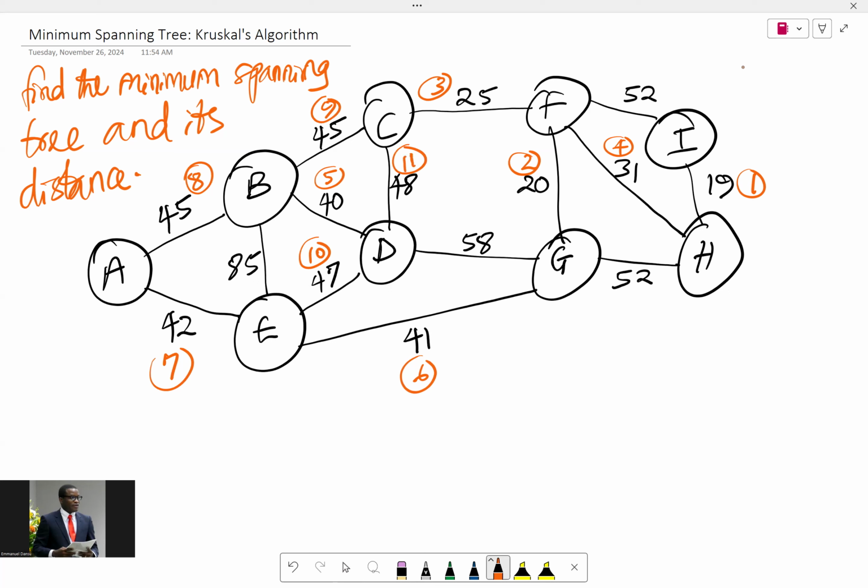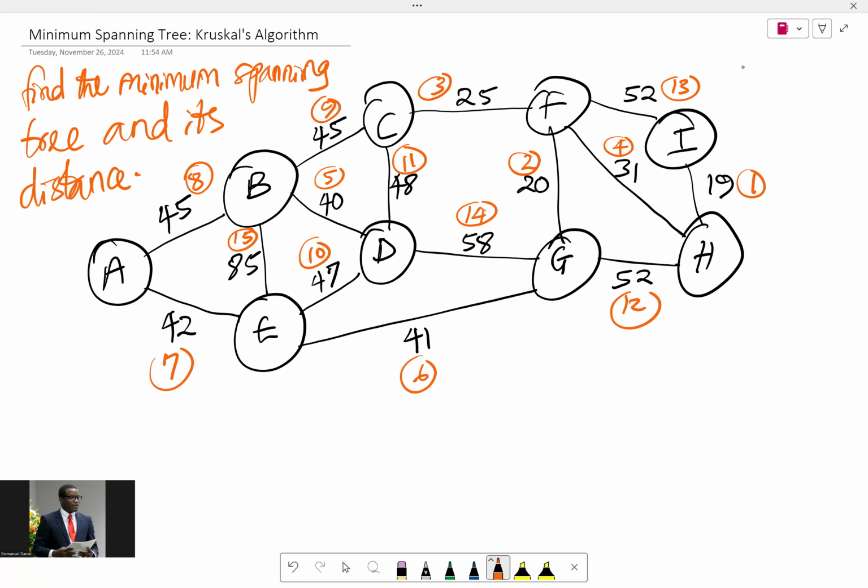So we are ranking the edges. After 48, we have the 12th one, which would be 52. And after 52, we have the 13th, of course, another 52 from F to I. The 14th will be 58, and the 15th is 85.